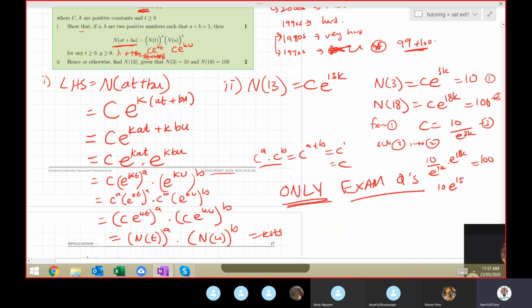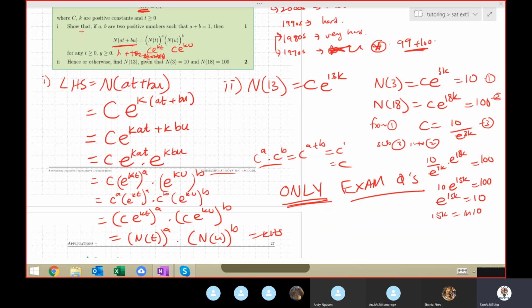So what's that, 15K? Divide by 10, and then hopefully this looks familiar. Log both sides, and then divide by 15. We found K, sub it into here, you'll find C.